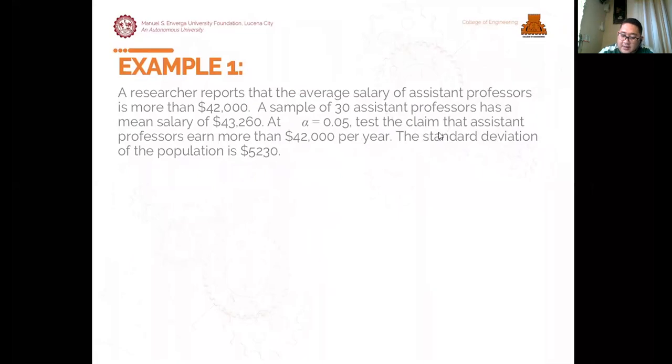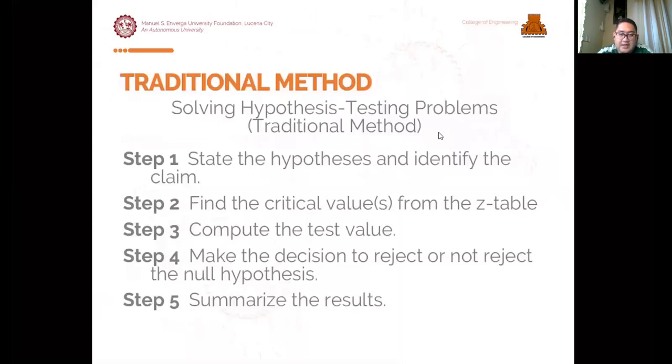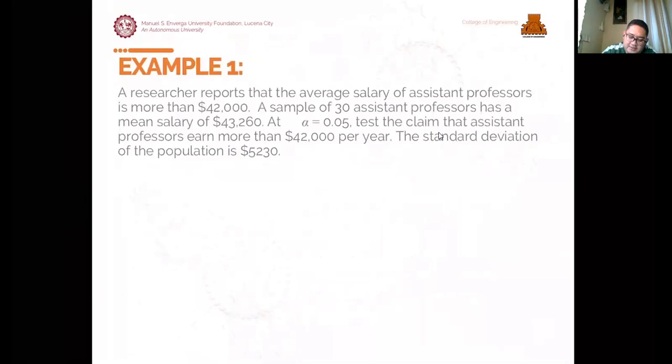Given the problem, sabi, a researcher reports that the average salary of assistant professors is more than $42,000. Okay, so yun yung una niyang statement. Ano ba yung step natin ulit? Ang step natin, first one is state natin yung hypothesis natin. Okay? So sa first statement natin, anong makikita natin keyword?